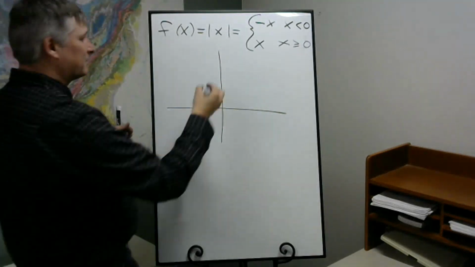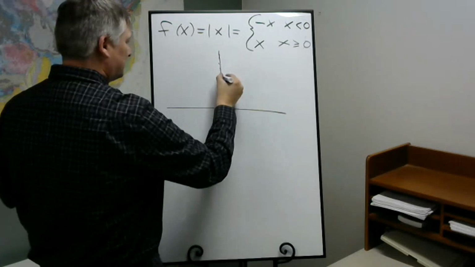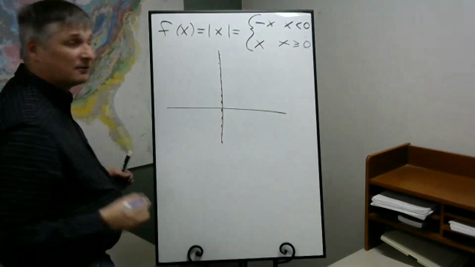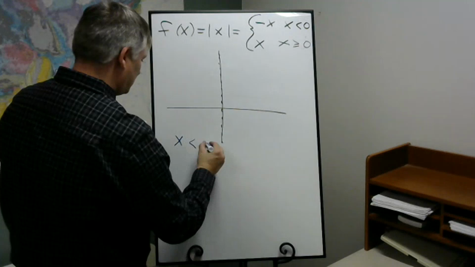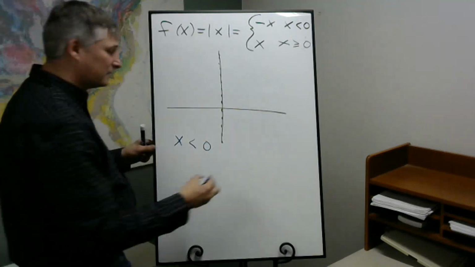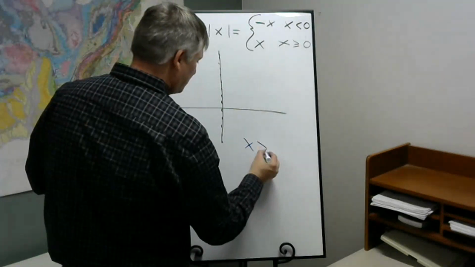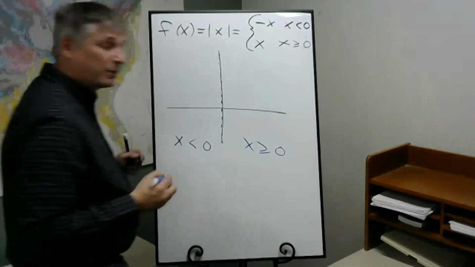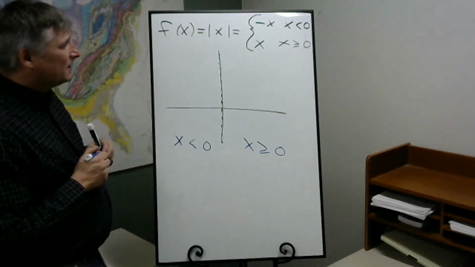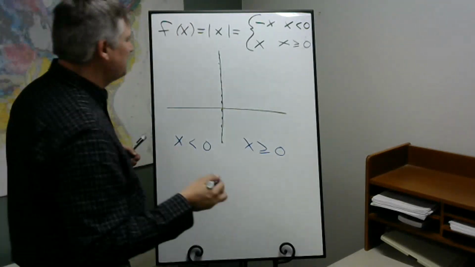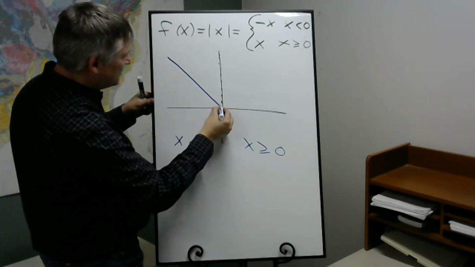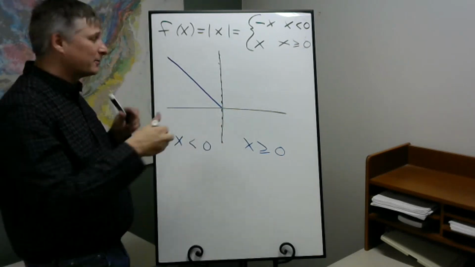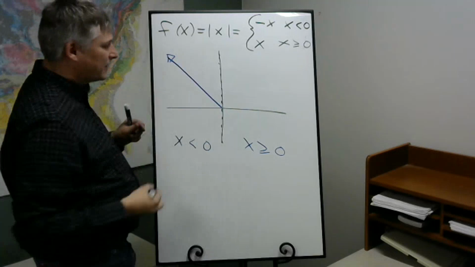So as we graph this, again, our boundary here, we have 2 phases. Phase 1, x less than 0. Phase 2, x greater than or equal to 0. So for phase 1, we use the negative x function, which is the identity function, except sloping downward, but it continues on in that direction.